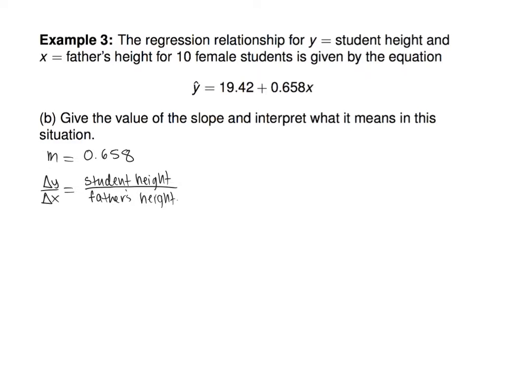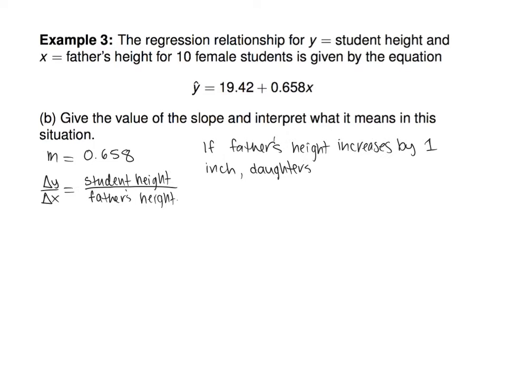And I think it's easiest to think about these slopes as number over 1. And say, if the denominator goes up by 1, what does the numerator do? Does that make sense? So if father's height increases 1 inch, how much does a daughter's height increase? 0.658.